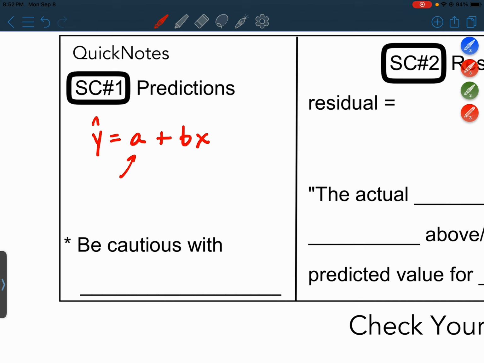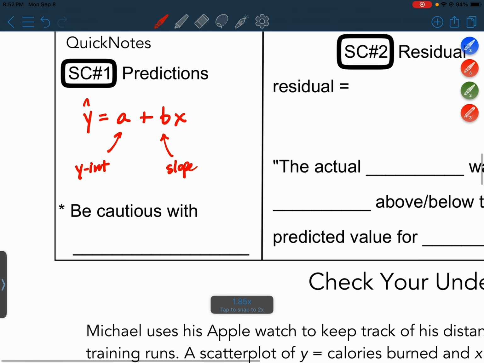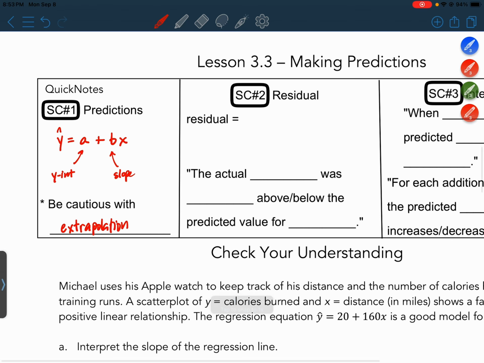That constant is also known as the y-intercept, and the slope, you can call it a coefficient. It's a multiplier. Now when you're plugging in numbers into this equation, you just want to be careful about plugging in numbers that are really, really big or really, really small. Any of those situations would be considered an extrapolation. And remember, extrapolations are dangerous. Can't always trust the accuracy of those type of predictions.